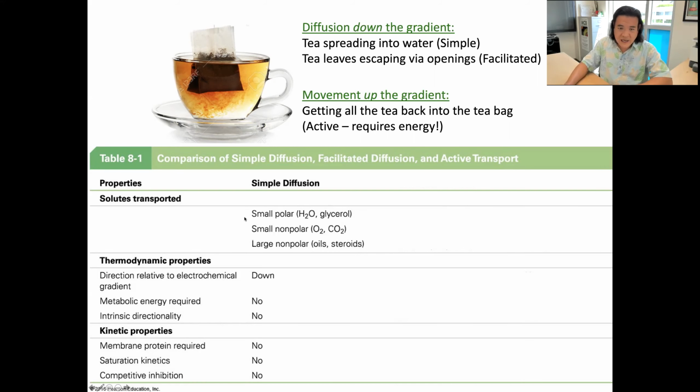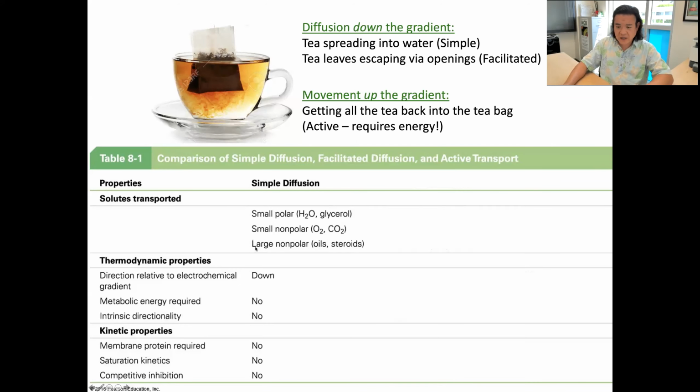Right? So the types of solutes that can just flow through a membrane through simple diffusion are small polar molecules, things like H2O or glycerol can move through. Small nonpolar molecules like gases like oxygen and CO2 can just simply diffuse back and forth, purely based on concentration gradient.